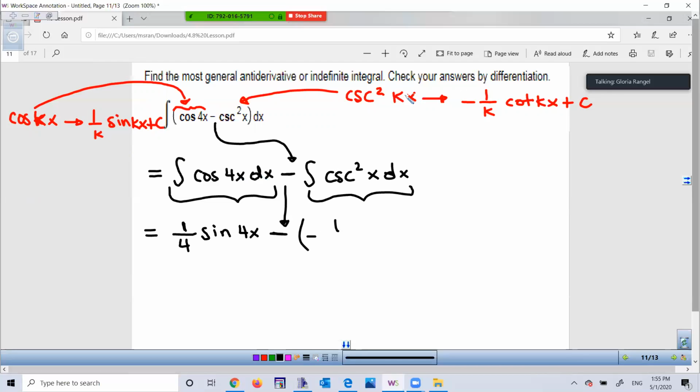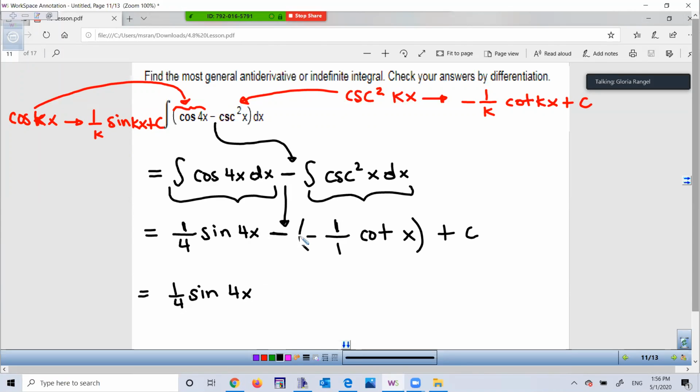What's my k? Whatever the value is in front of the x. What's the value in front of the x? Even though you don't see it, it's a 1. So negative 1 over 1 times cotangent of kx, because your kx is just the x, 1x, right? So now I add my plus c here at the end of the whole thing. So 1/4 times sine of 4x. Here, what's going to be 1 over 1? 1.